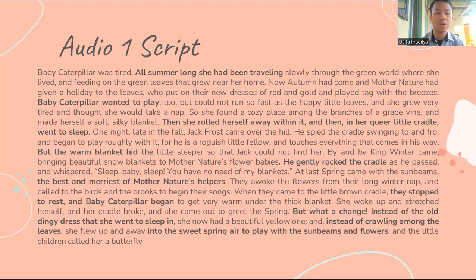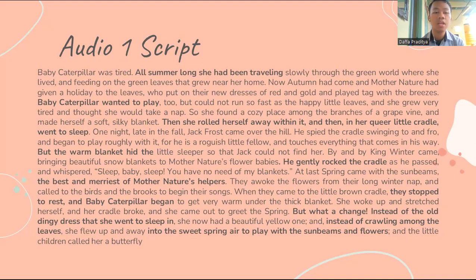And she grew very tired and thought she would take a nap. So she found a cozy place among the branches of a grapevine and made herself a soft, silky blanket. Then she rolled herself away within it, and in her queer little cradle she went to sleep.